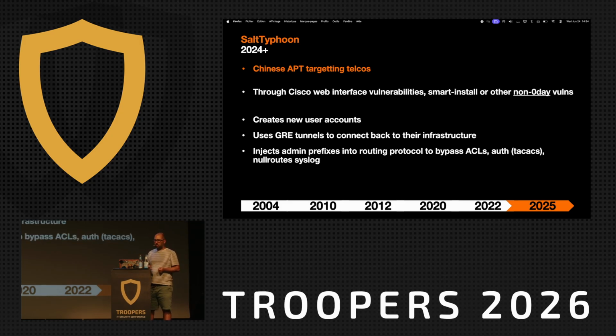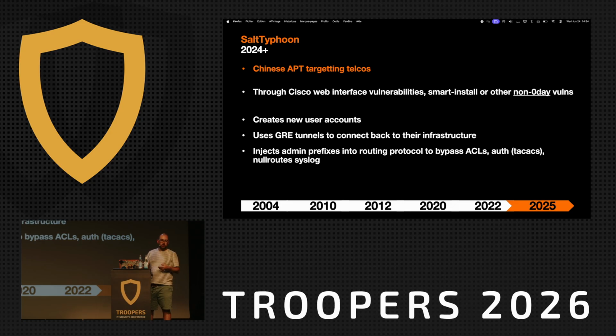Salt Typhoon, I guess most of you are aware of that group of attackers. A Chinese threat actor that targets telco infrastructure. Usually they went in through well-known vulnerabilities like Cisco web interface insecurities and Smart Install, but it was almost never zero days.